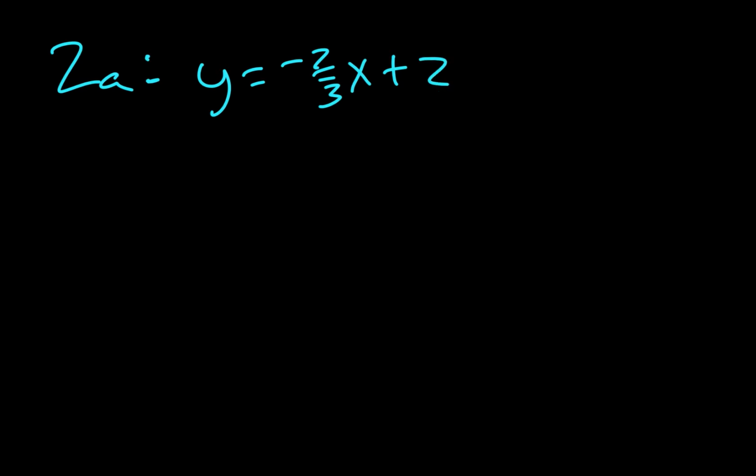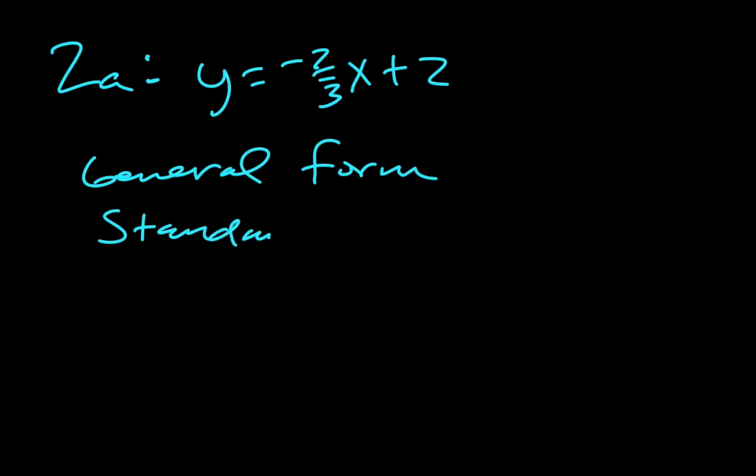Now we're going to move on to example 2, and example 2a gives us this equation, y equals -2/3 x plus 2, and it wants us to write it in general form. So general form, which you may have heard as standard form, is going to be just like ax plus by equals c.